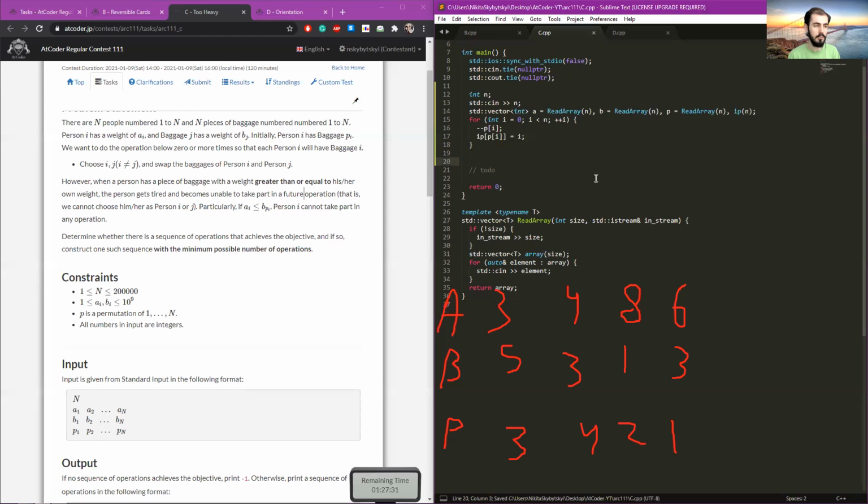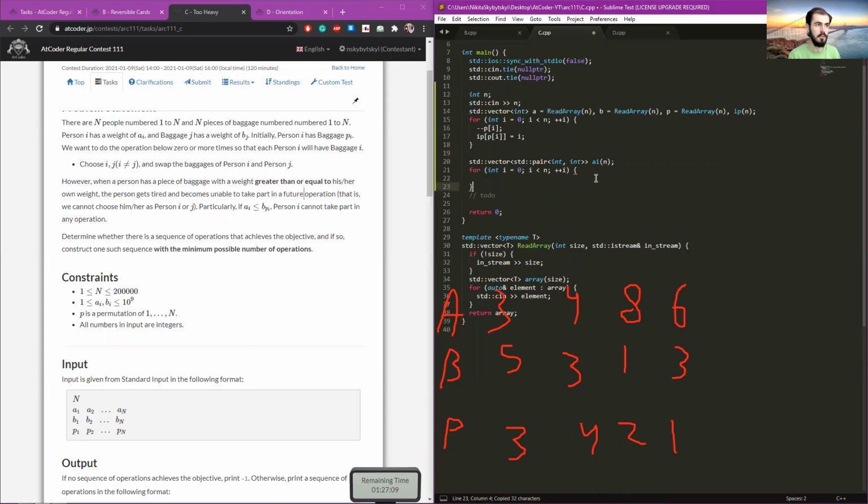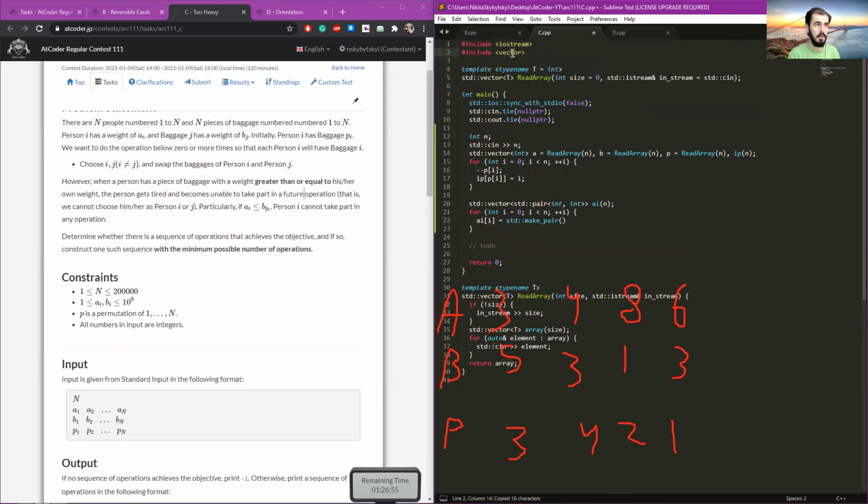Then we would like to sort people in increasing weights. I believe that we want to keep their indices. So A indexed, again of size n.